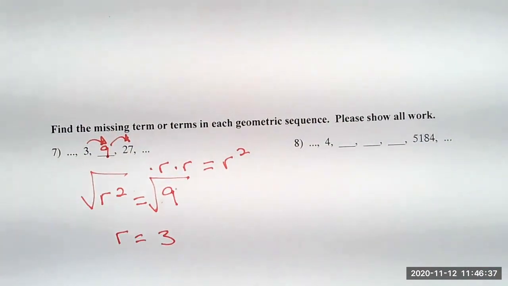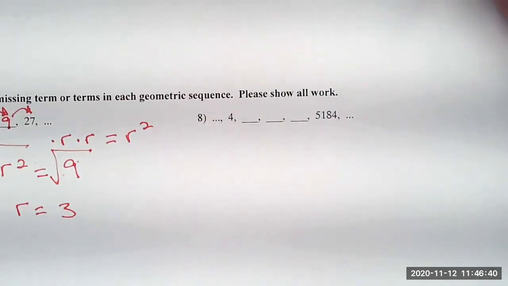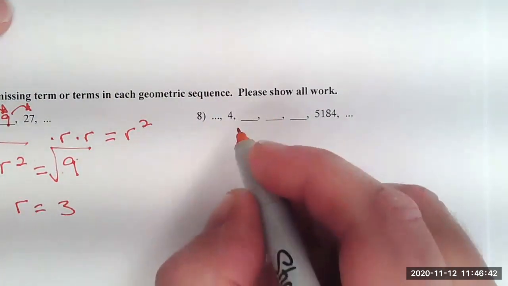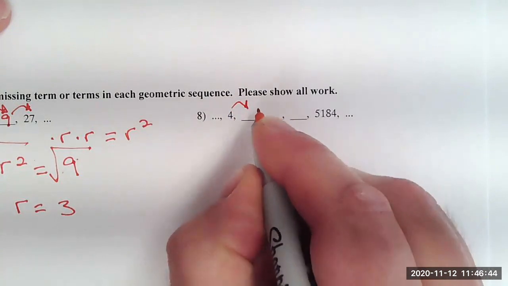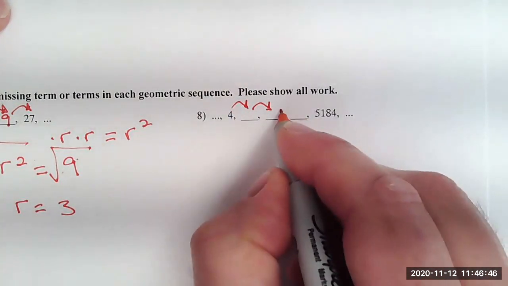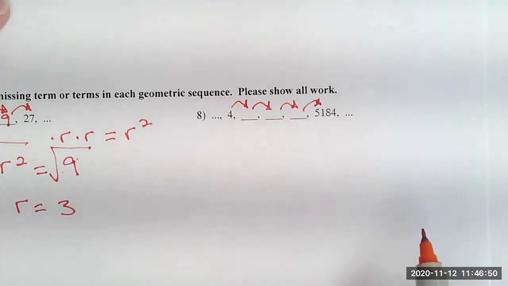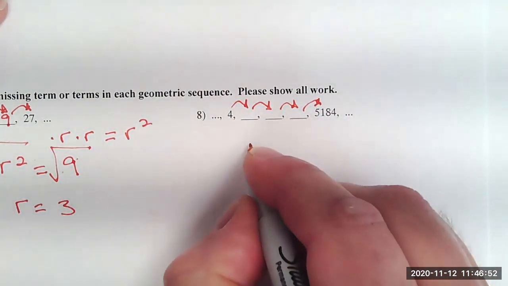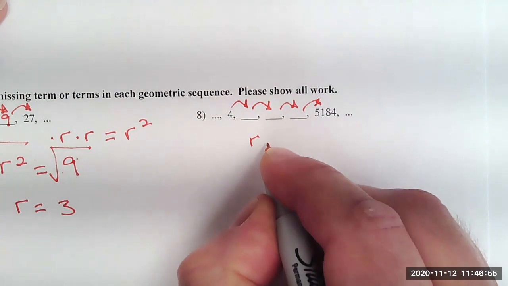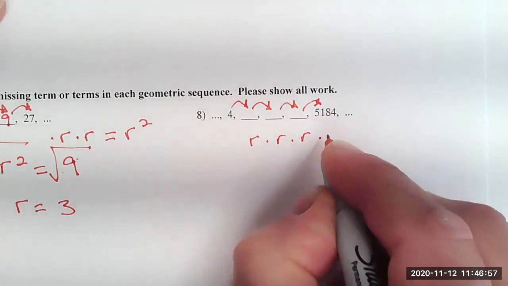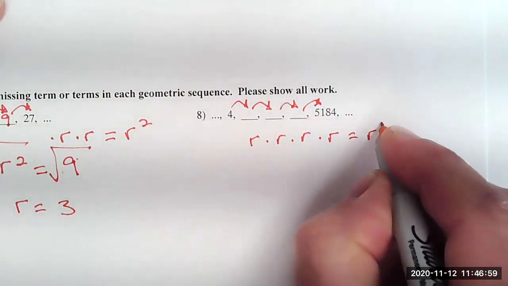Same process for problem number 8. But in this case, I am multiplying by my ratio, multiply by my ratio, multiply by my ratio, multiply by my ratio, 4th time. R times R times R times R is R to the 4th.